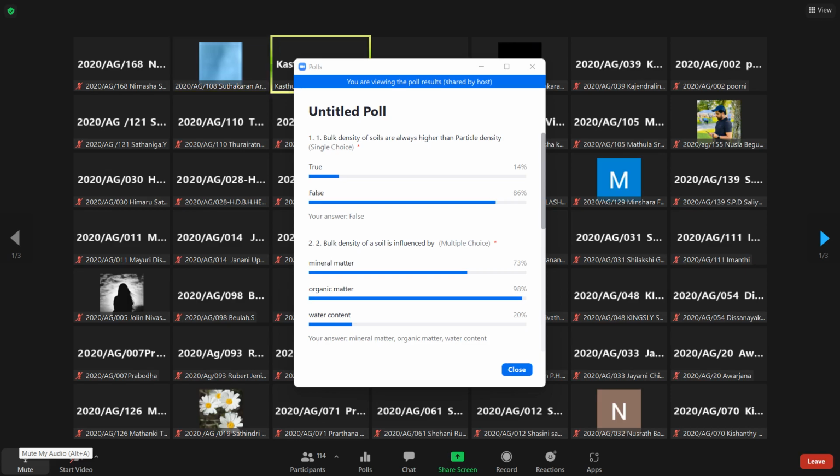Most suitable thing, both. I couldn't catch your point. Total volume of the soil, no?